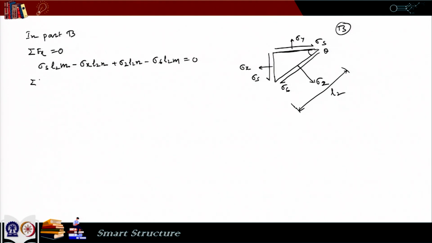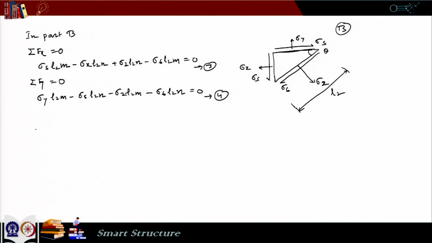And then by writing the force equilibrium along y direction, we get another equation which is sigma y L2 m minus sigma s L2 n minus sigma 2 L2 m minus sigma s L2 n equal to 0, and let us call it equations 3 and 4.